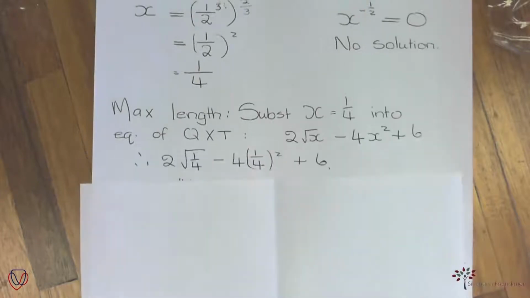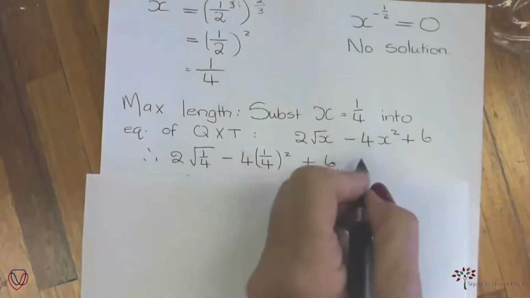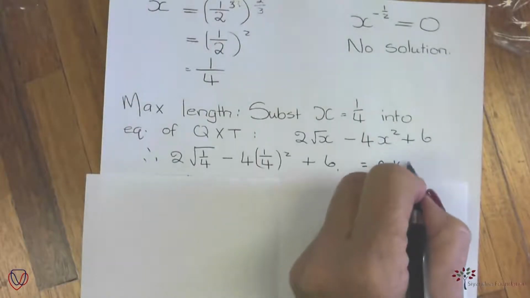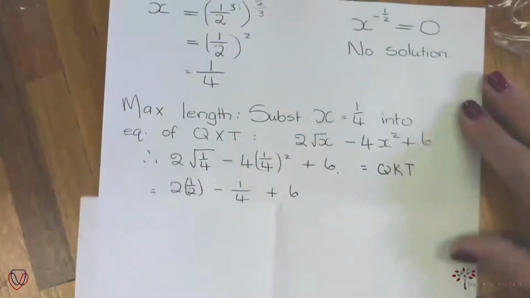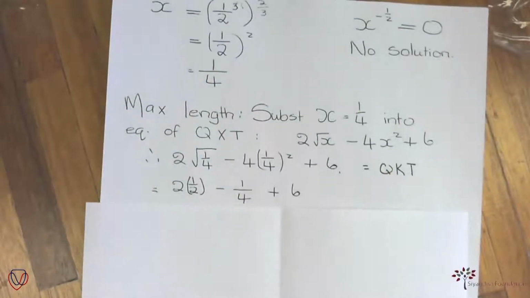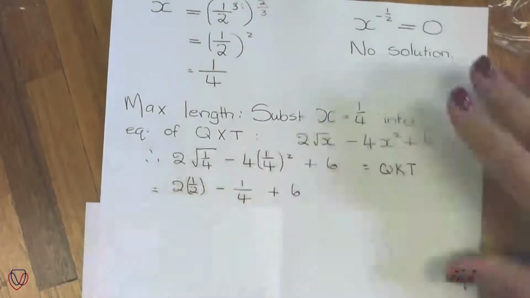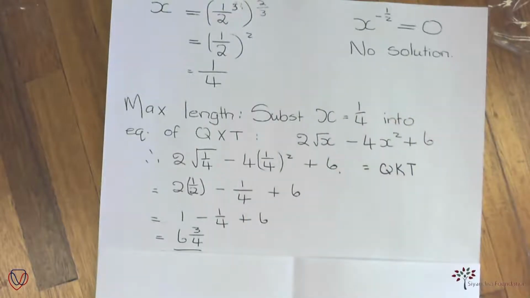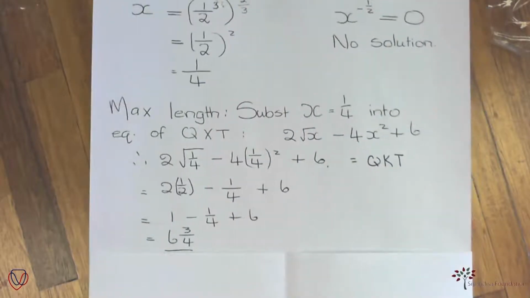That equation, substitute in there, and this is going to give you the length of QKT. And if you substitute correctly, the square root of a quarter is a half, and in the end you are going to get 6 and 3 over 4. Have you got that one?